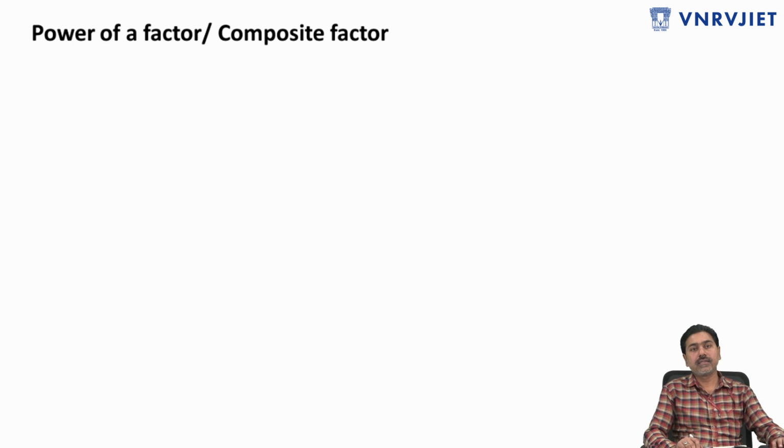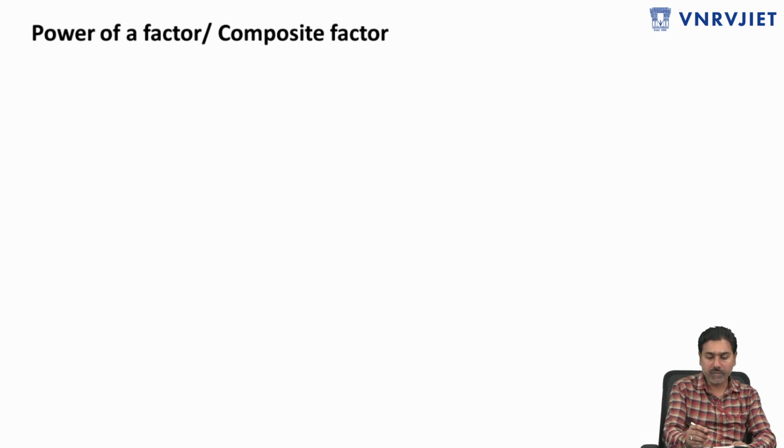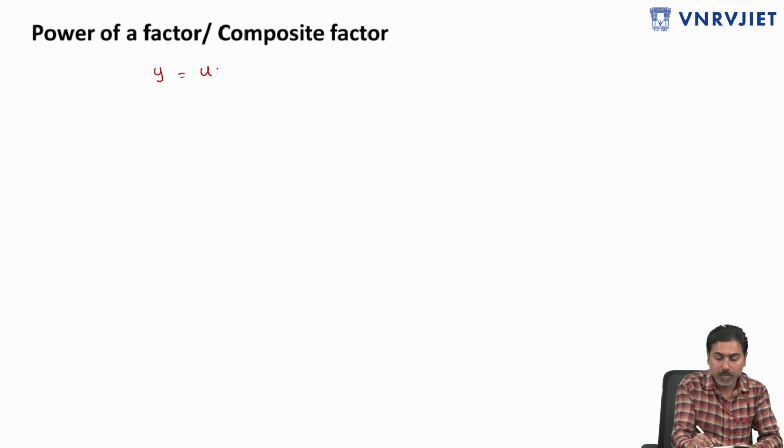Now we'll see the last case, that is when the two quantities are having the power of a factor or composite form, like y is equal to u power n into v power m. In this case, similar to the previous case, you will take first the log on both sides.